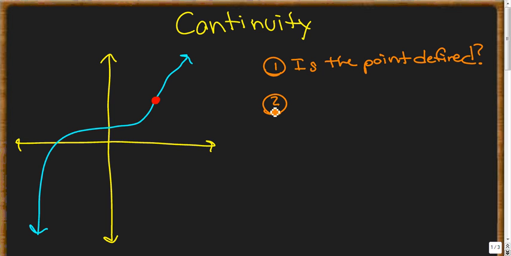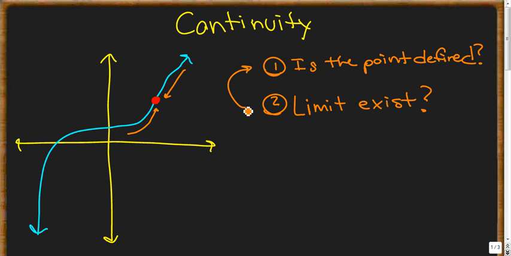Does the limit exist? Well, in order for a limit to exist, and we're going to get to this in just a minute, you have to approach the same number from left and right. It doesn't have to necessarily be there, right?